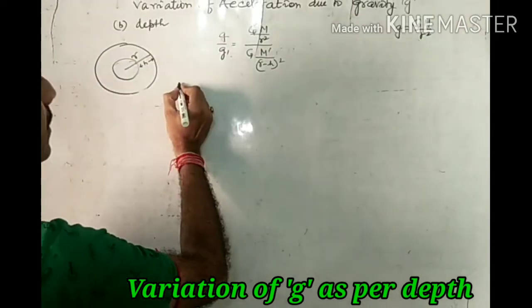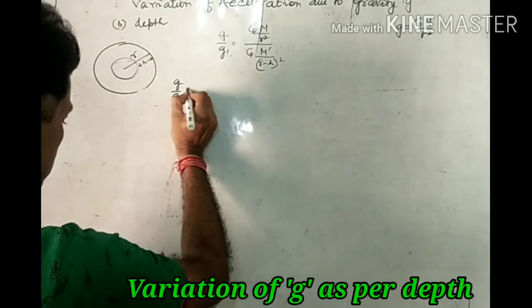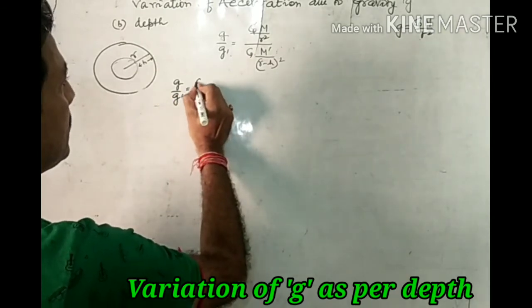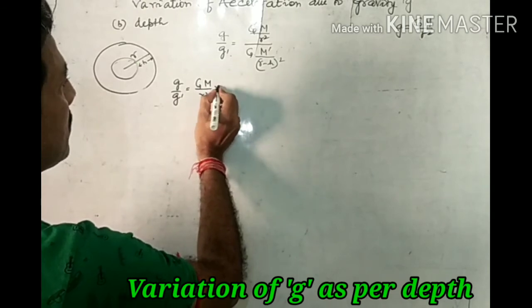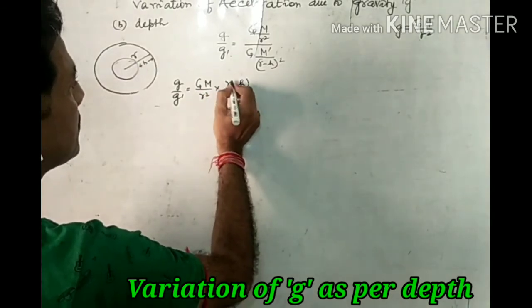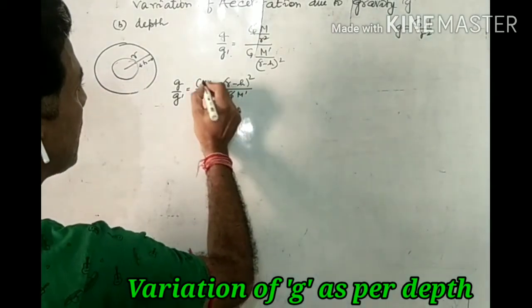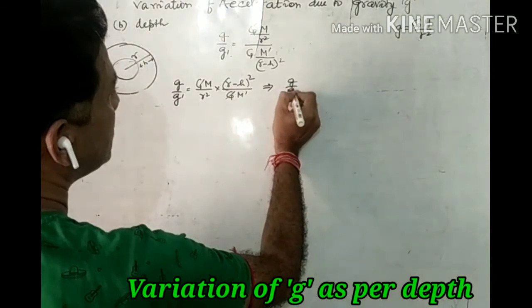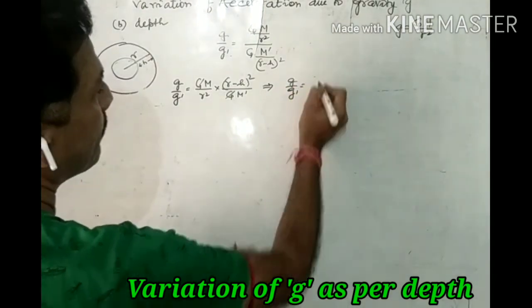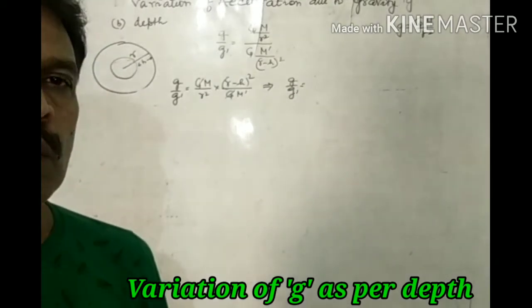So what will happen here? g by g dash, that means GM by R squared into (R minus h) squared by GM dash. G cancel. So g by g dash equals to M by M dash. Mass of the Earth means volume into density.